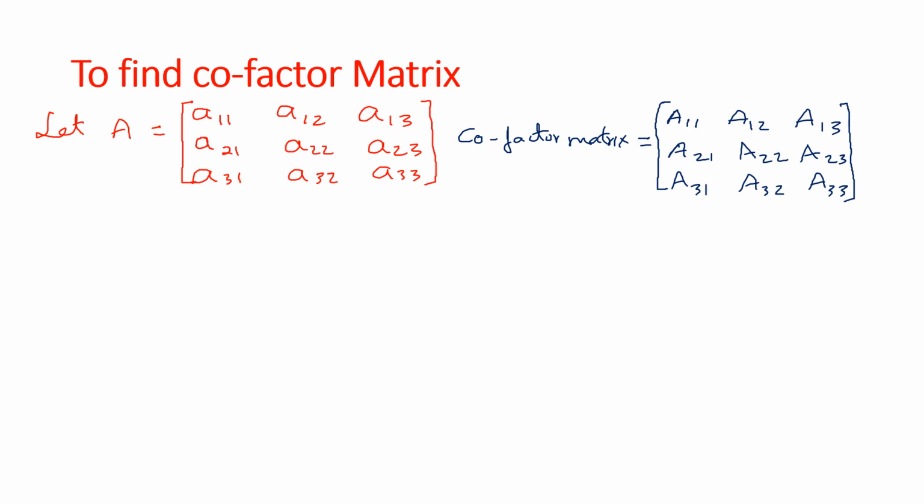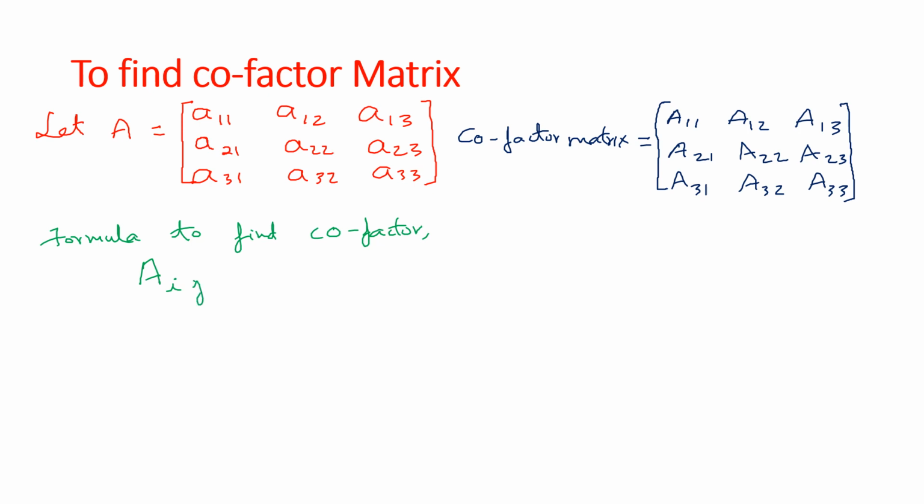Now how to find the elements of this, how to find these cofactors? So we have a general formula to find the cofactor. It's very important, you should remember this. So the formula to find cofactors in general is Aij.